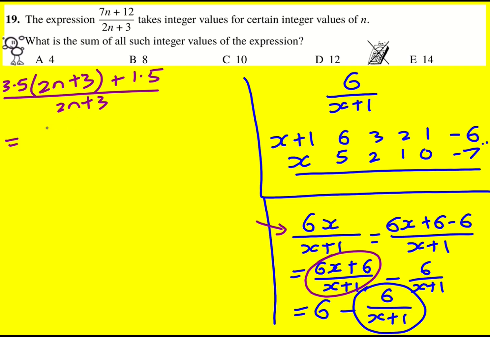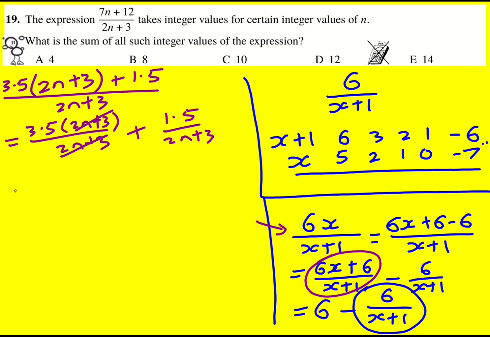So now I can write that as 3.5 times 2n plus 3 over 2n plus 3 plus 1.5 over 2n plus 3. These cancel out, and I'm actually left with 7 over 2 plus, it's actually going to be a half times 3 over 2n plus 3.